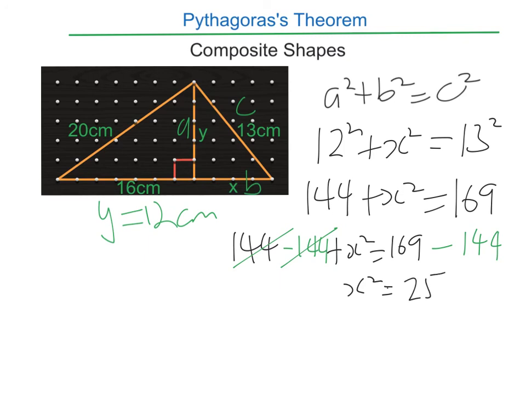Need to find what x is, so I need to make x the subject, so square root both sides. And when you do that, you get x equals 5. So this side here is 5. So I've now calculated using Pythagoras' theorem on this triangle and then that triangle. First of all, I've calculated that this is 12 and that's 5.